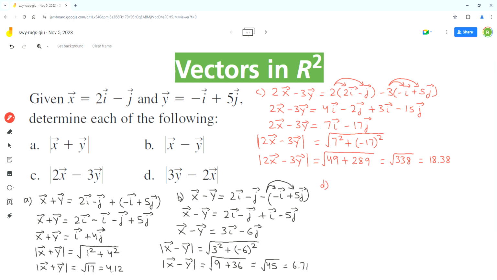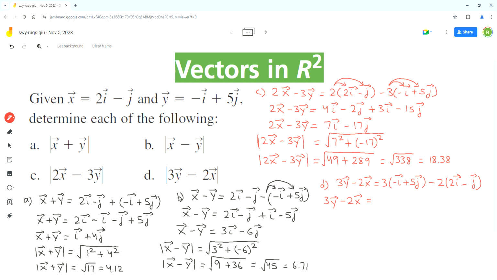So first we'll find the expression for 3 times vector y minus 2 times vector x. Now we can distribute the 3 and the -2 into the parentheses.